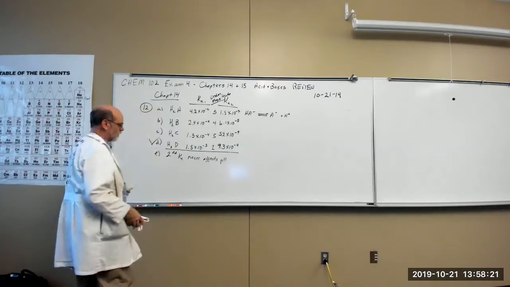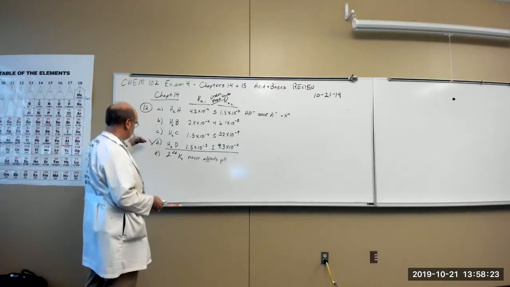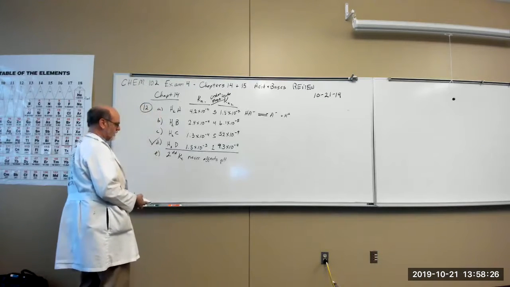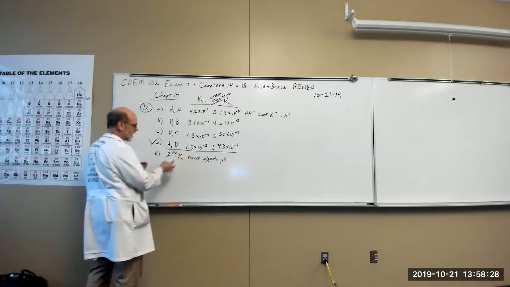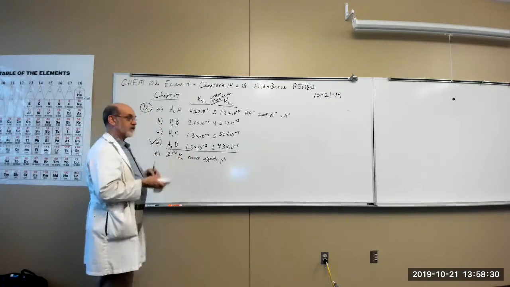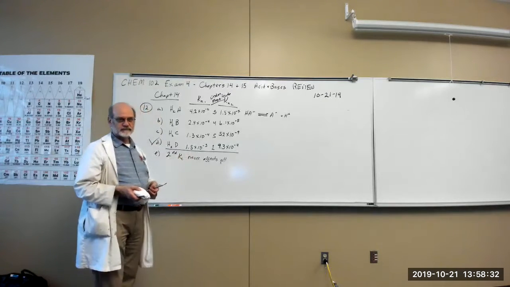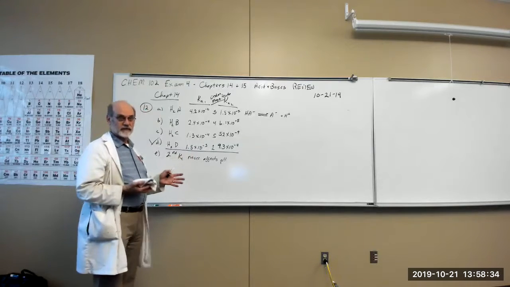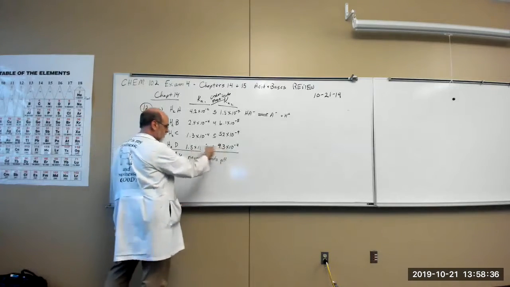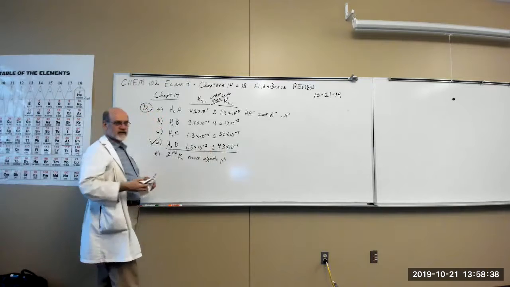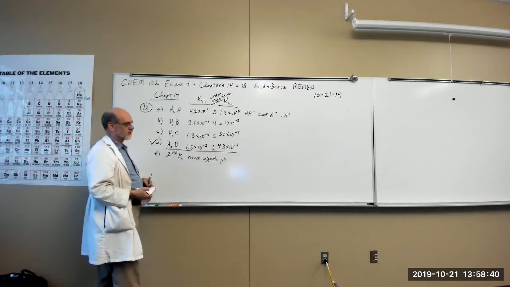And of course, E is false. Well, E doesn't fit. D is the one, because the second Ka does affect the pH sometimes. Not often, but whenever you find them that close, then you can expect the second one to be an influence on the pH.